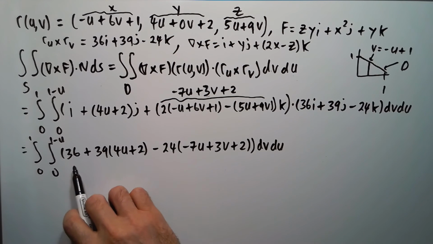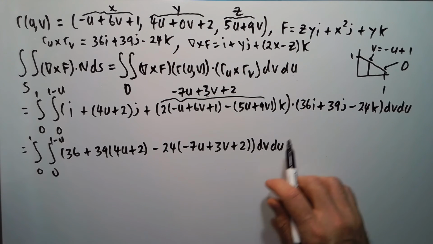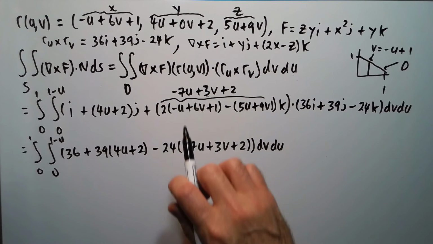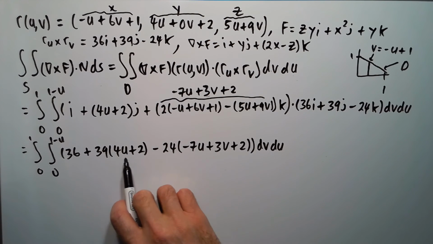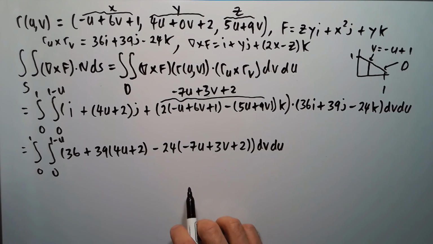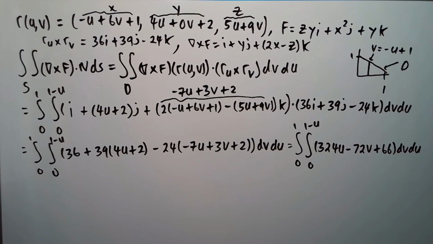So doing that, we get this after we did the dot product: 36 times 1, 39 times that guy, negative 24 times this guy. Now multiplying this out and combining like terms, I'll just give you the answer over here. You can double check, you can pause the video and do it yourself. So you get this after you multiply the stuff out and combine like terms.